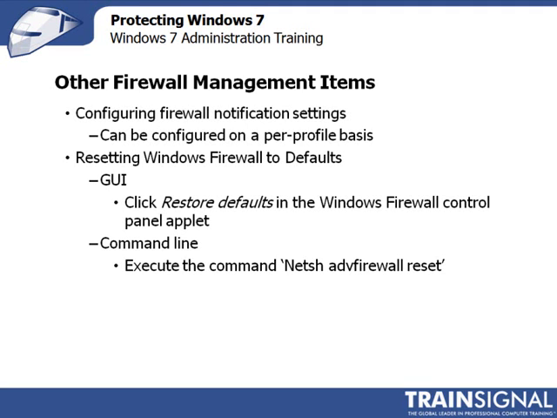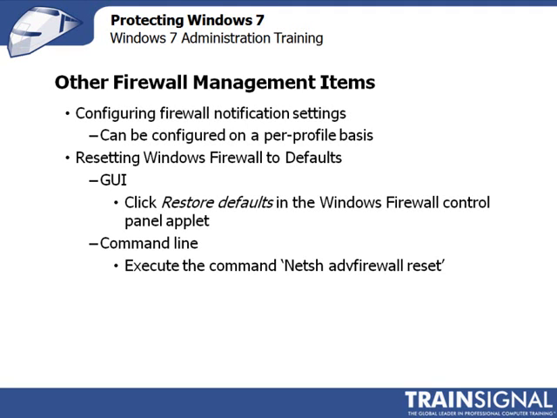From the GUI, you can click the Restore Defaults link in the Windows Firewall Control Panel applet. There's a button on the left-hand side of the screen, or a link, that'll allow you to restore the defaults. Or from the command line, you can use the netsh advfirewall reset command to reset the Windows firewall to its default state. And this basically removes all of the custom rules and everything that you've created so far with the Windows firewall.